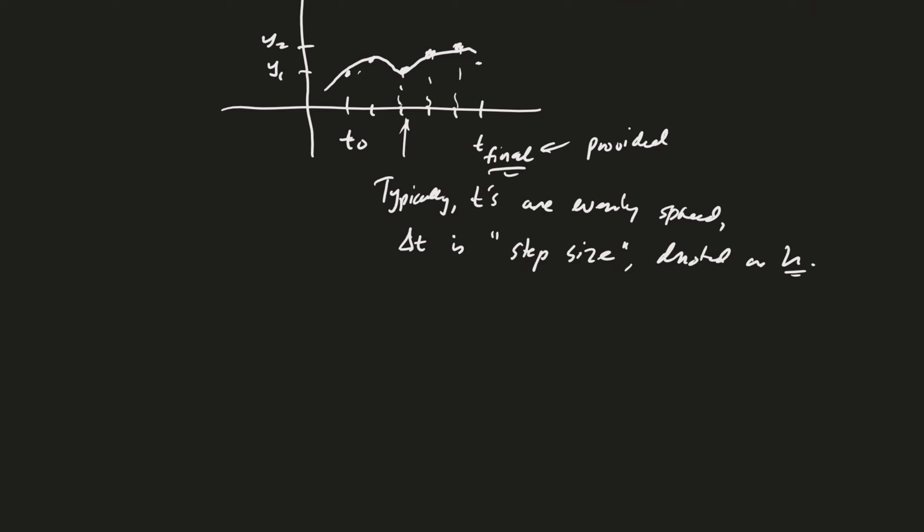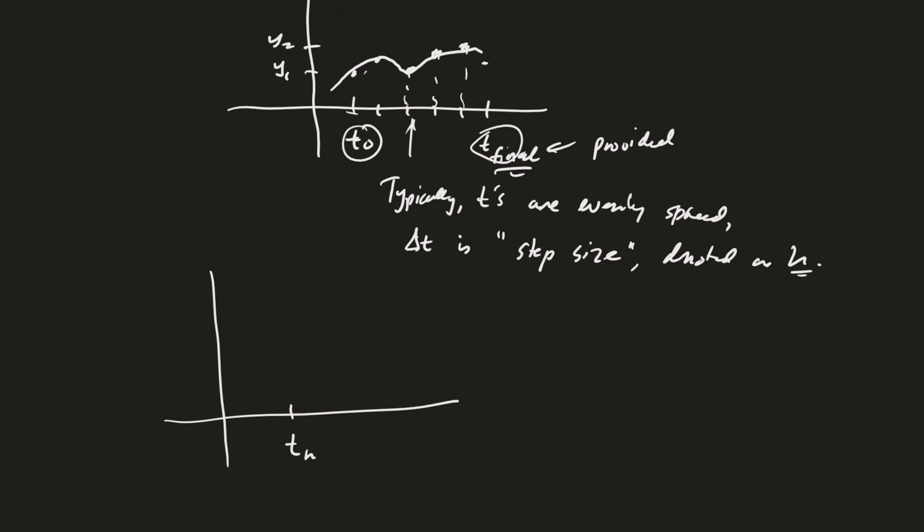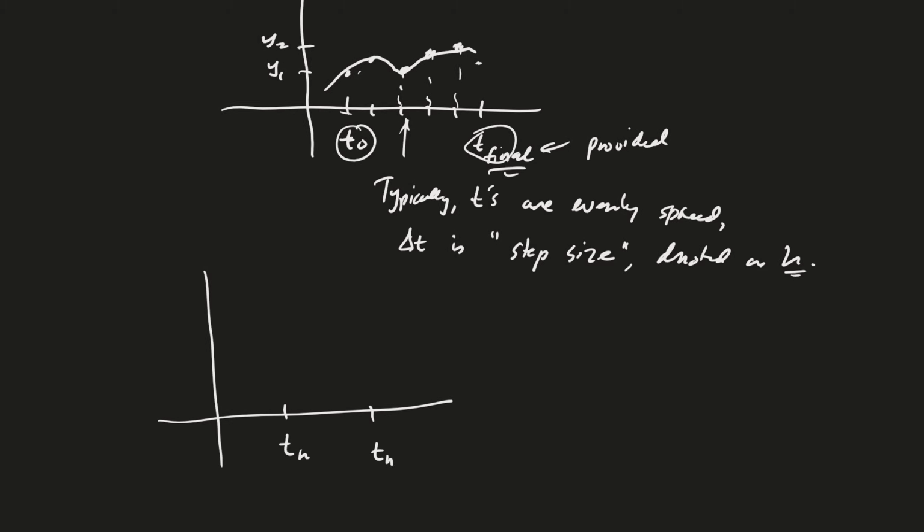And so mainly the way to think about this is just, instead of going all the way from t0 to t final, we just want to think about how do we get from tn, some given time, to the next step over, tn plus 1. So I'm going to assume that I've got my yn here, right? So I know that I'm at this point.